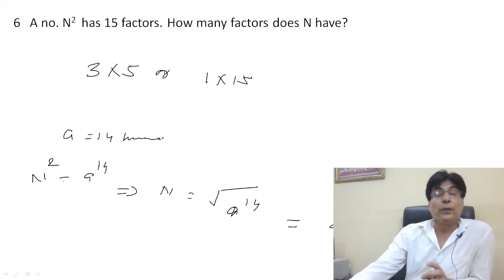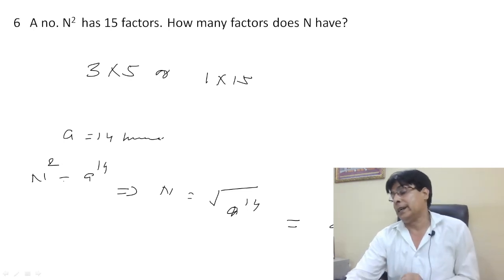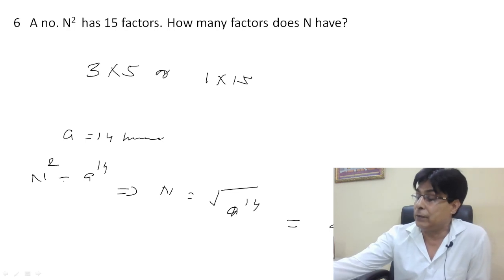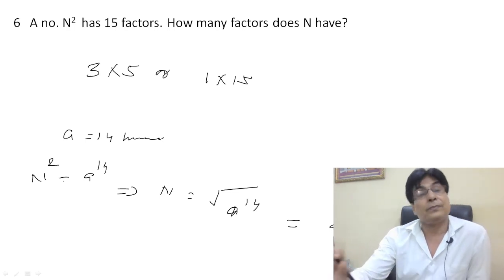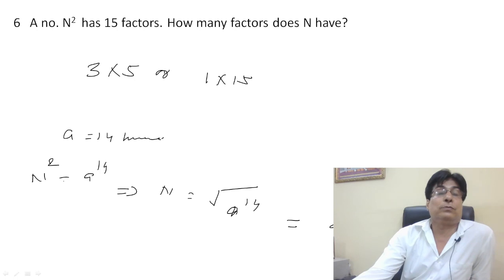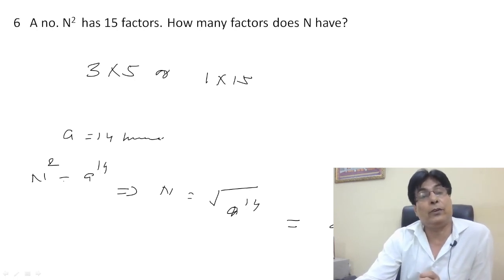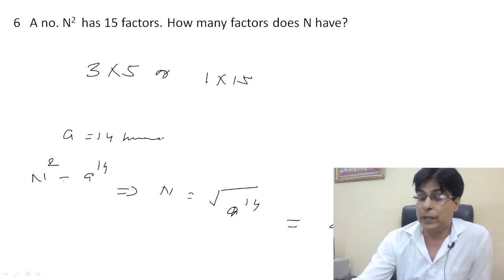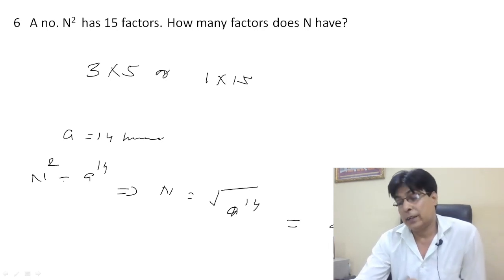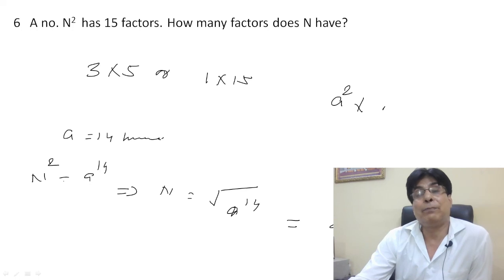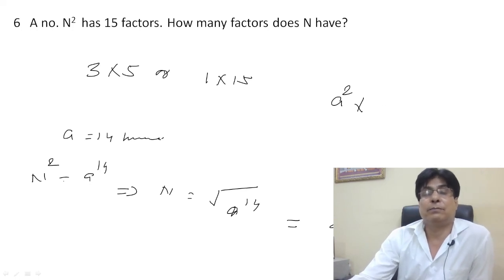But when you see the second condition, 15 can be written in the form of 3 into 5 also. Therefore, it must be A to the power 2 into B to the power 4.